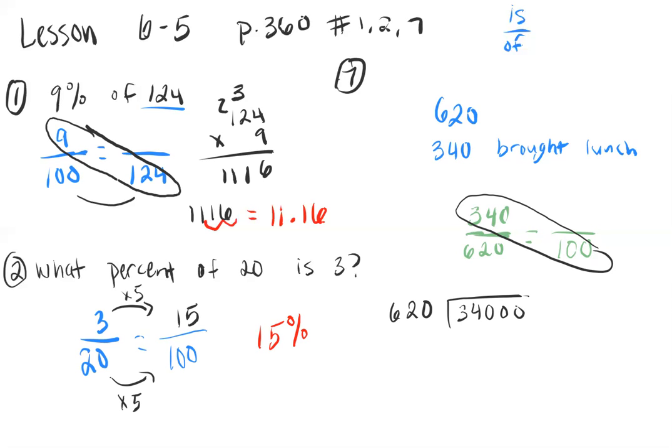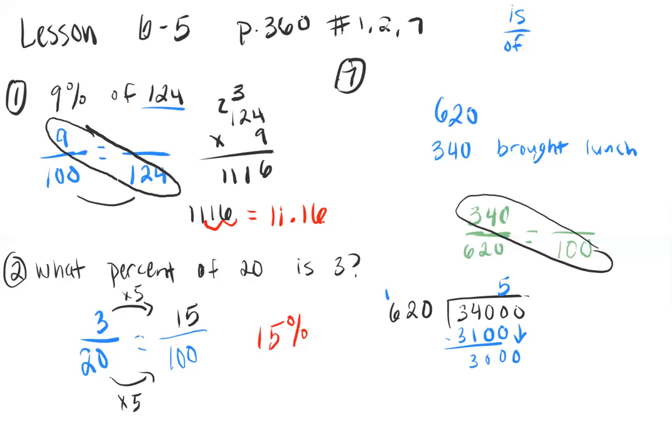I know that 6 times 5 gets me 30, kind of close to 34. So let's try 5. 5 times 0 is 0. 5 times 2 is 10. And 5 times 6 is 31. That's as close to 3,400 as I can get without going over. Go ahead and subtract.